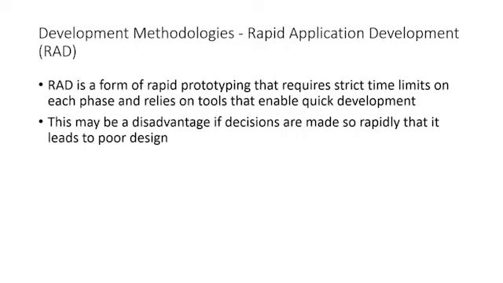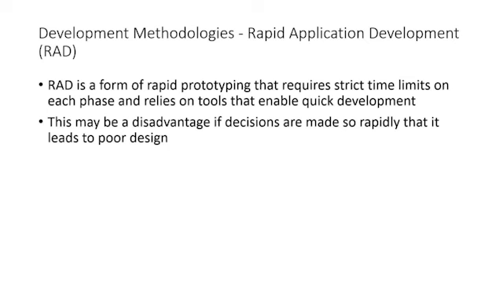The rapid application development, RAD, all right? This is a form of rapid prototyping that requires strict time limits on each phase as we go through. It's going to rely on tools that enable quick development, hence the name, rapid application development. Now, this could be a disadvantage if decisions are made so quickly, so rapidly, that it leads to poor design.